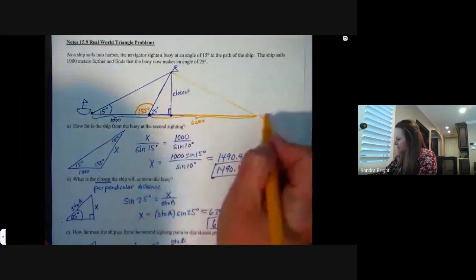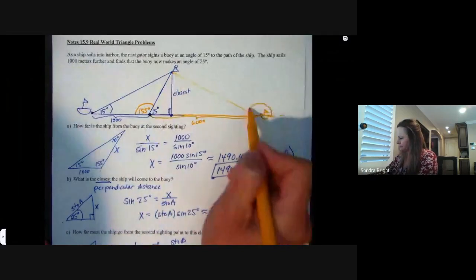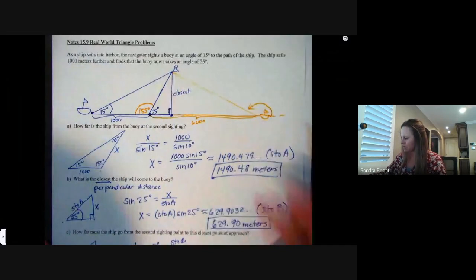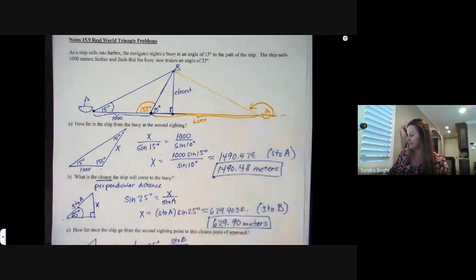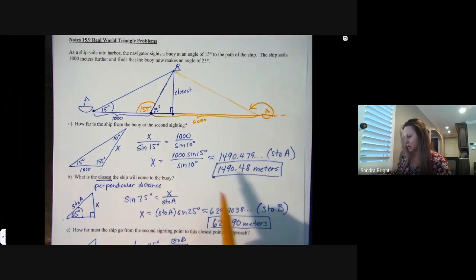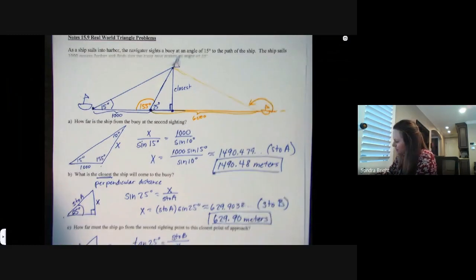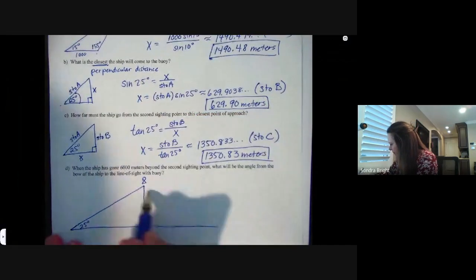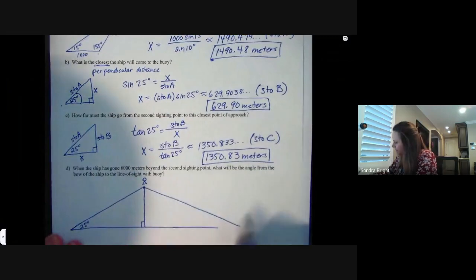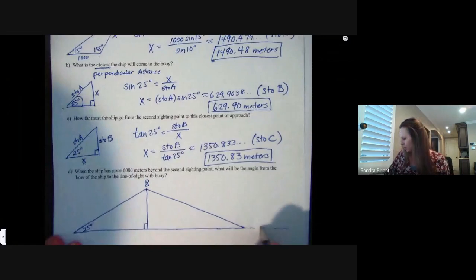From the bow, we want that angle there, from here over to there. So let's draw what we know. I'm going to be going past this point, and the angle from the bow is going to be like that.